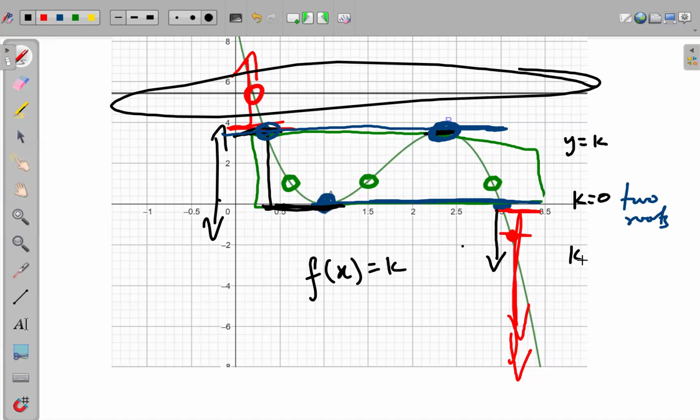And here for 1 root, you will say k must be less than 0, or k must be bigger than whatever the y value at the turning point B is.